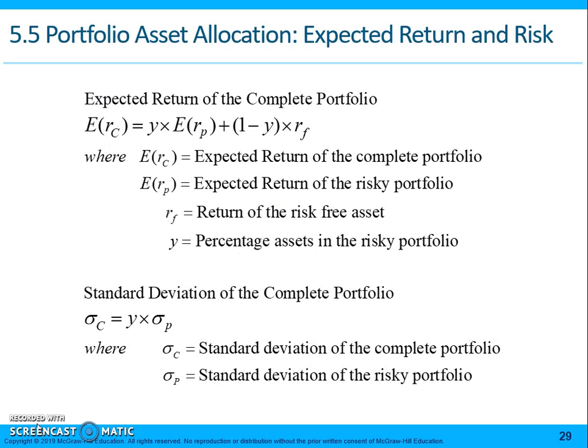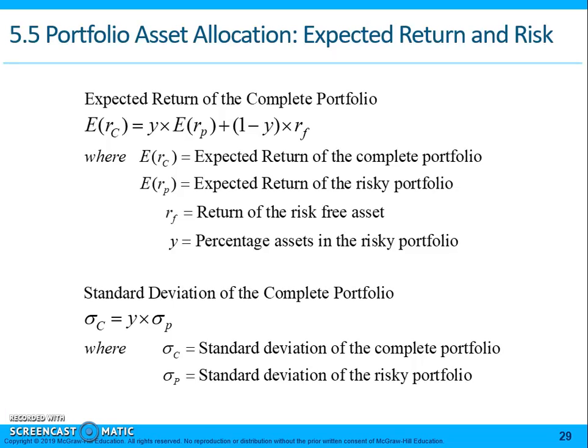So for our portfolio calculations, we're going to use these formulas. The expected return of the complete portfolio, and that's E(R_C), is equal to Y, which is the weight, or the percentage of assets in the risky portfolio, multiplied by the expected return on the risky portfolio, plus 1 minus Y. So you're basically saying whatever you didn't put in the risky portfolio, you're putting into the risk-free asset.